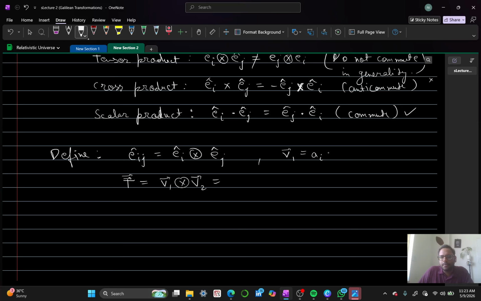Okay, and if I expand v1 in its basis, I can write this as a summation from i goes 1 to 3 of a_i and e_i. Similarly, for v2, it is a summation from 1 to 3 of b_j e_j.